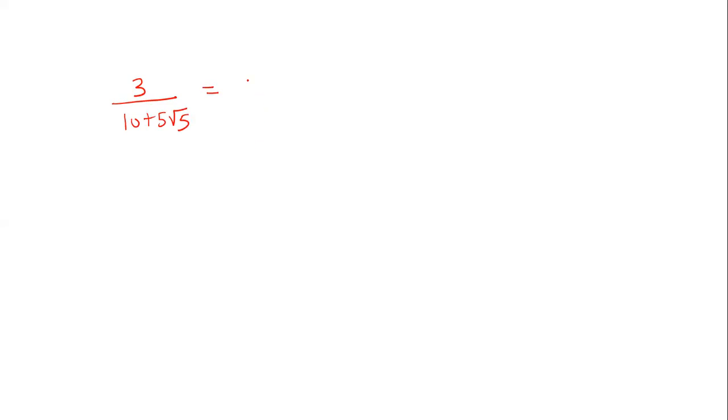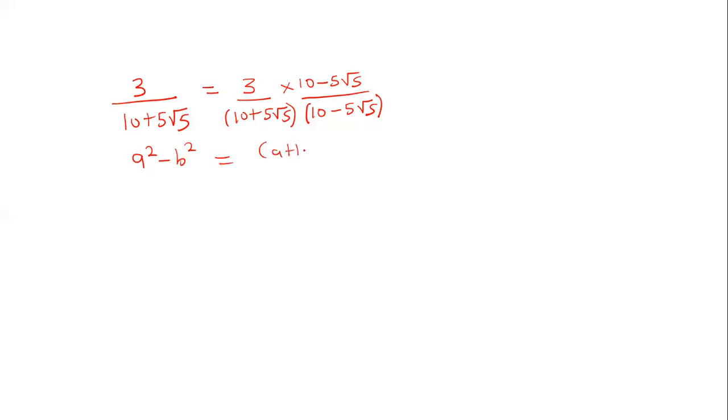Now when we are rationalizing, I will say 3 out of 10 plus 5 root of 5 times 10 minus 5 root of 5 out of 10 minus 5 root of 5. Here you're going to allow me to use the simplest part. We know very well that a squared minus b squared is the same as a plus b times a minus b.